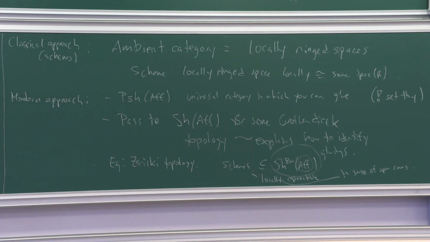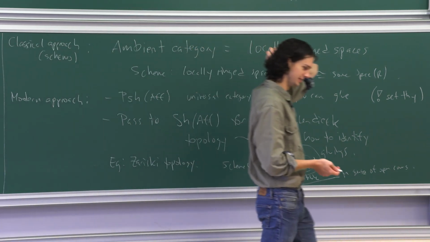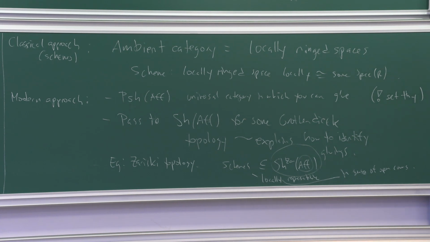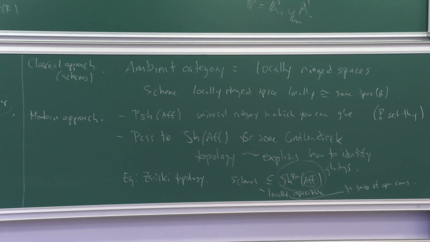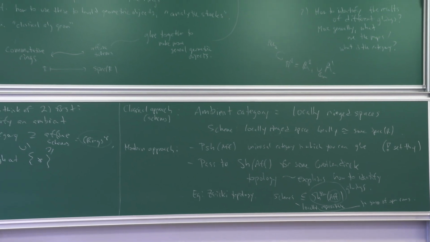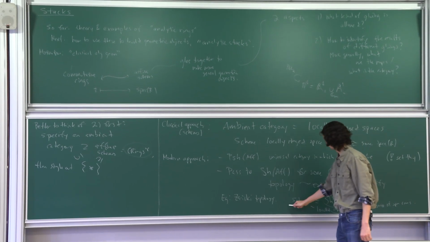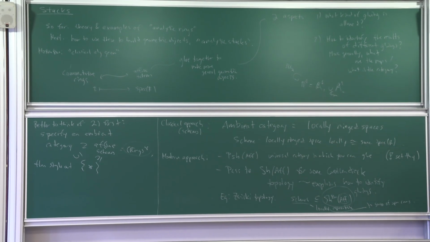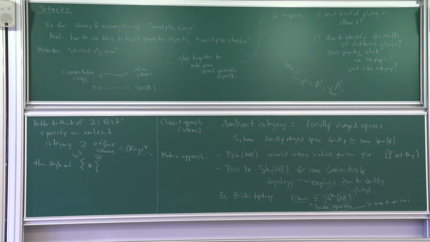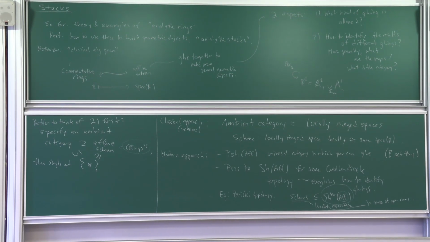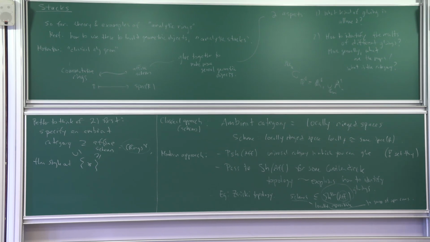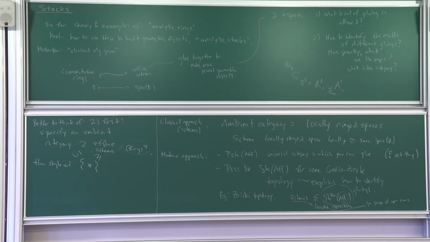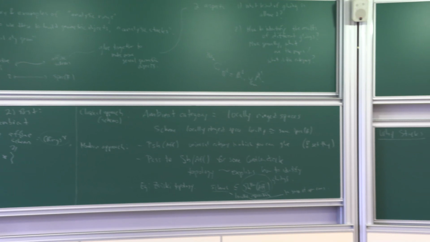So that's the perspective we're going to take on defining analytic stacks from analytic rings. But we don't really want to take schemes as a model, because more general geometric objects come up and actually are relevant, and these are the stacks that I want to discuss now.